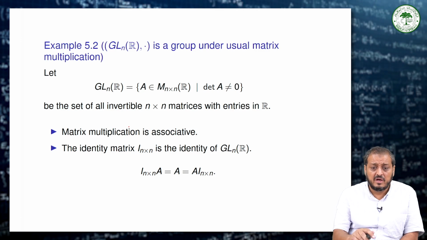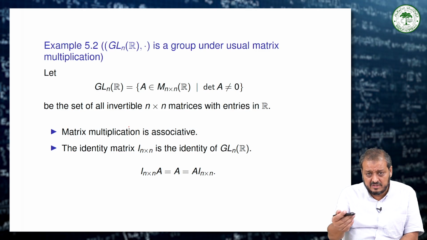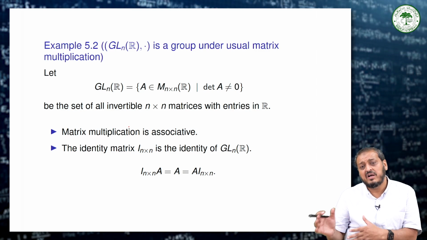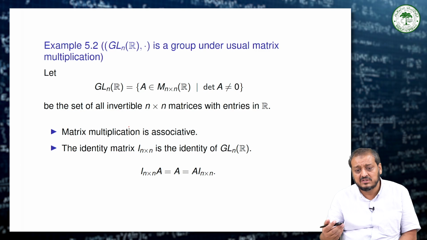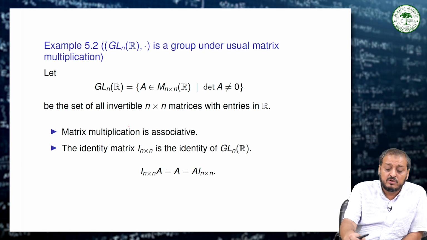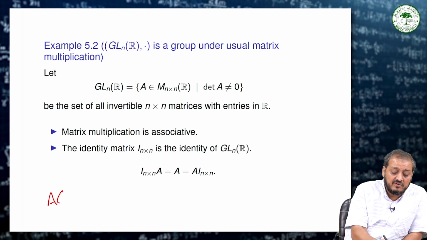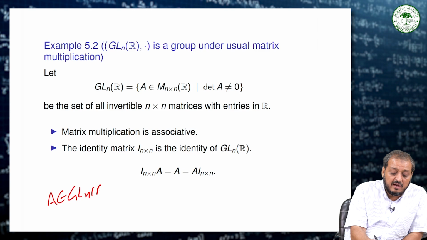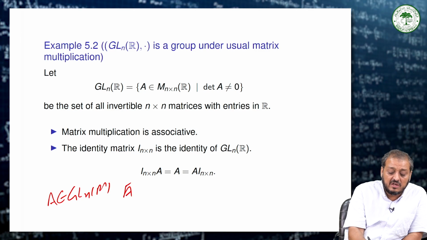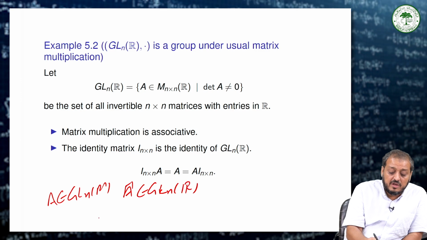Now we check inverses. Because all these matrices are invertible, every element has its inverse. If A is an element of GL(n, R), with the determinant of A not equal to 0, then clearly A inverse also belongs to GL(n, R).